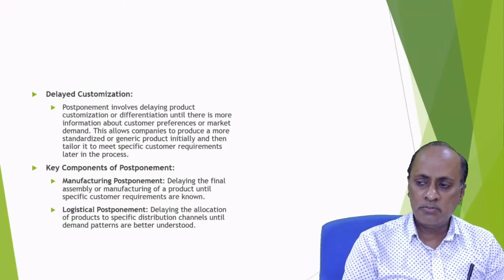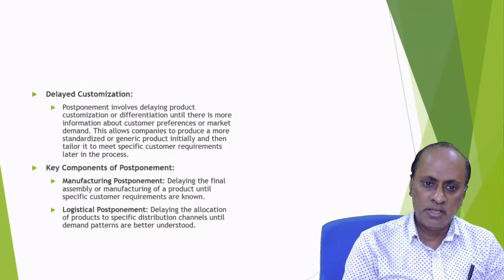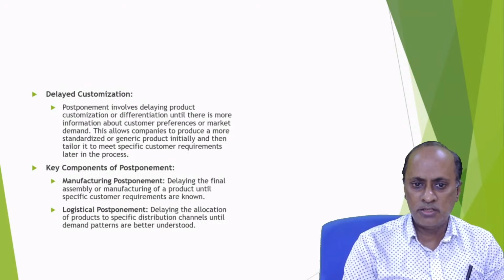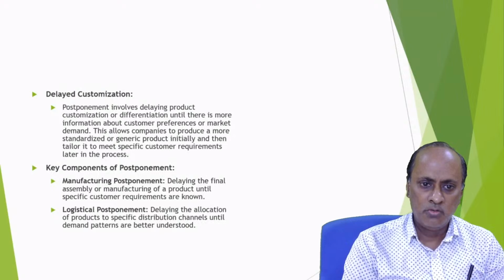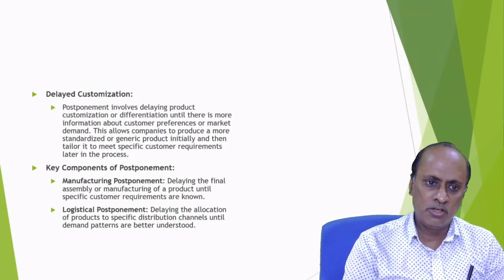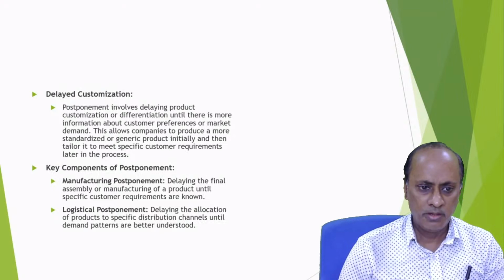So, delayed customization says produce a standardized product initially, then wait for the customer preference, the exact customer requirements. Accordingly, to meet the customer requirement, we make the customized product. So, we don't go for customization immediately.